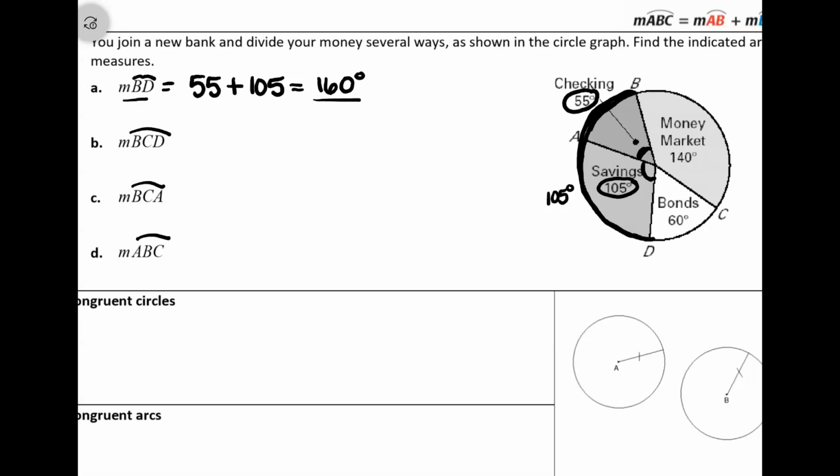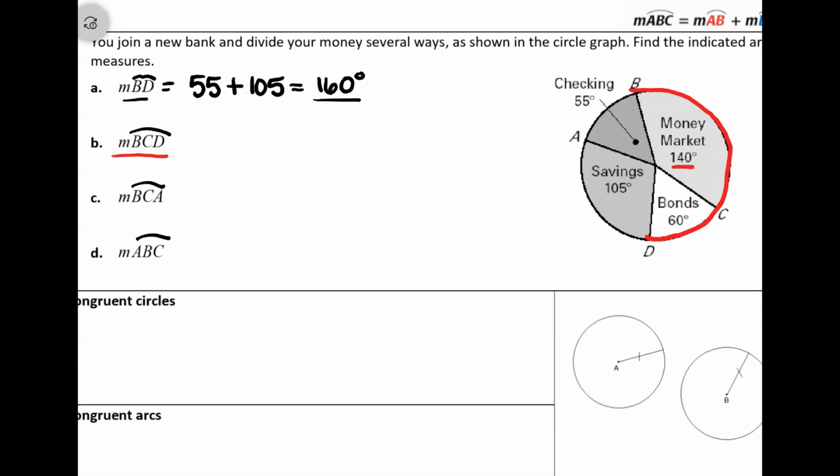It's less than 180. Now, moving on to the measure of BCD, so I'm going to clean the picture up. And now I'm going to find BCD. So now this must go BCD. So it's got to go the 3 letters, and they all have to be adjacent.